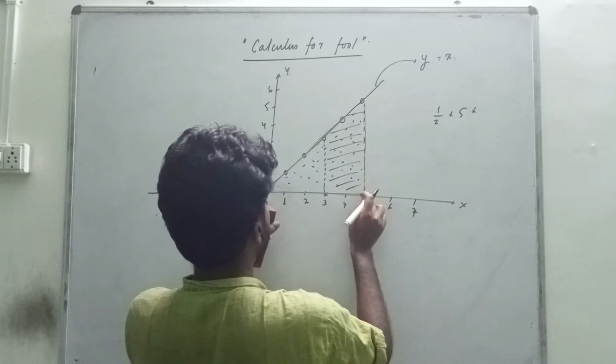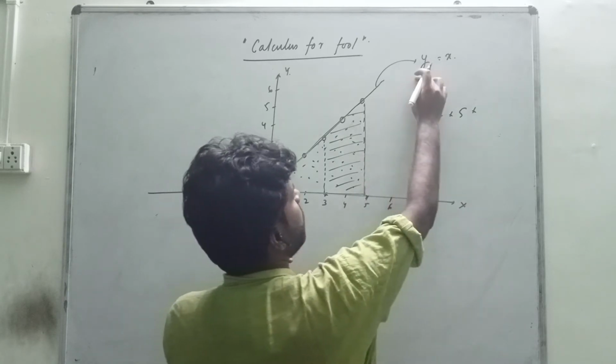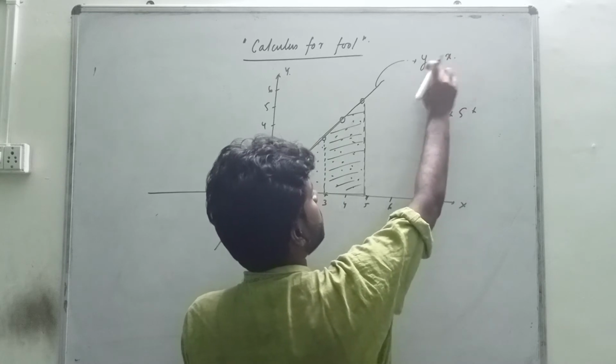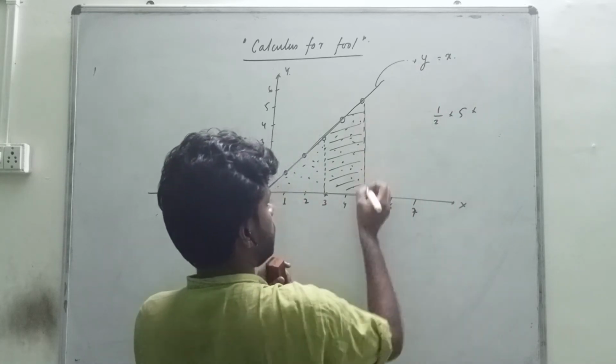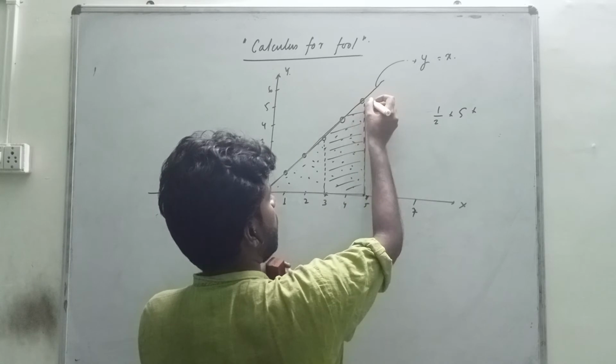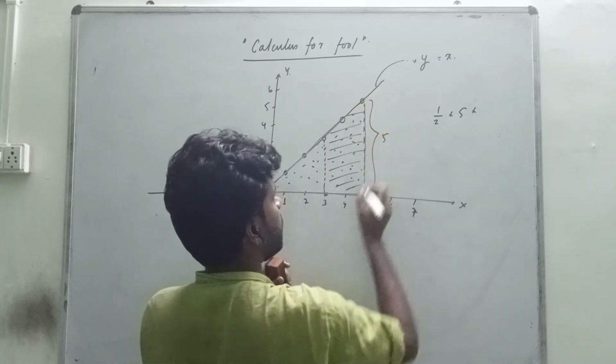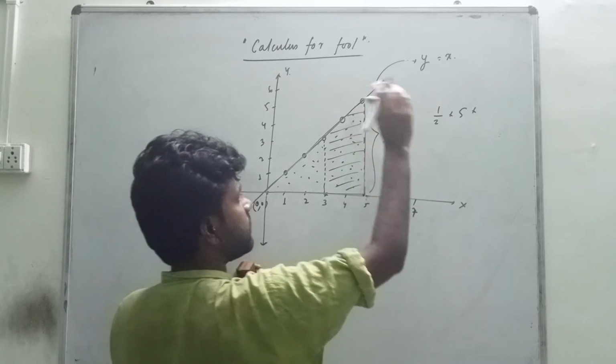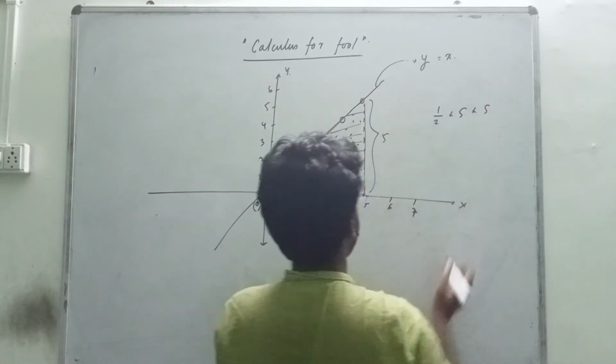So if x equals 5, then y should be 5, right? If x equals 5 here, then the height will be 5. So obviously half into base into height, I mean half into 5 into 5.